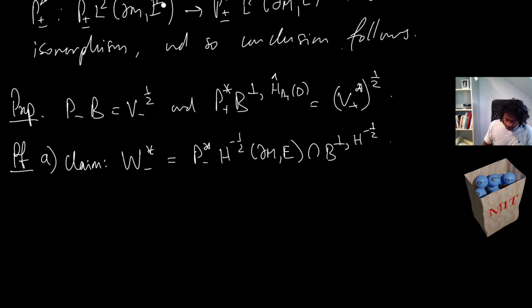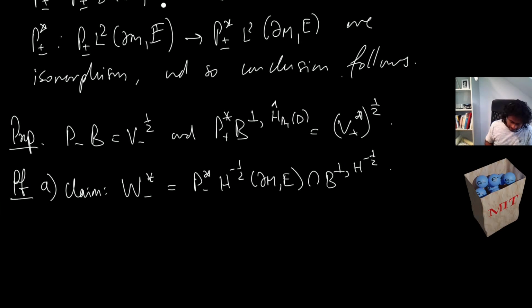The intuition here is that the interesting part that really contributes to the W minus star is actually not in the P minus piece. The majority of the interesting part of the B perp is really sitting in the positive side and not the negative side. So the negative side is so sparse that even if we expand the space when we intersect, we end up getting just the original space, which is quite small.